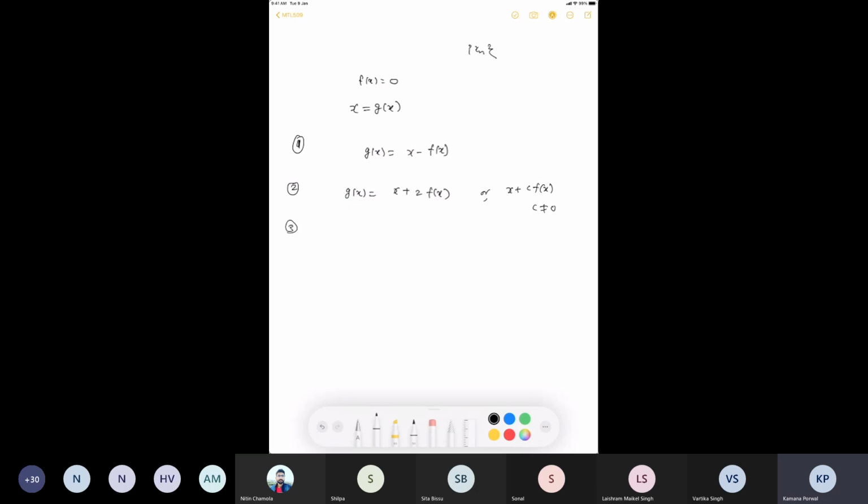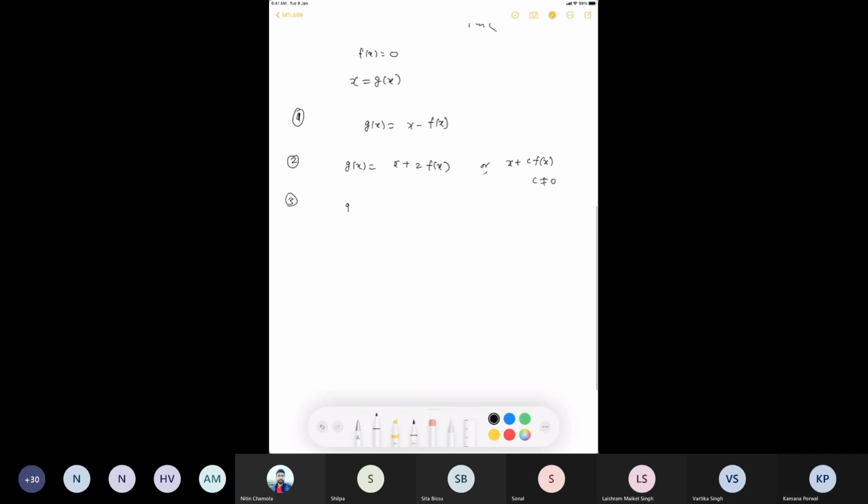Okay, we can also have g(x) as x minus f(x) divided by f prime(x), assuming f prime exists and f prime(x) is not equal to 0.